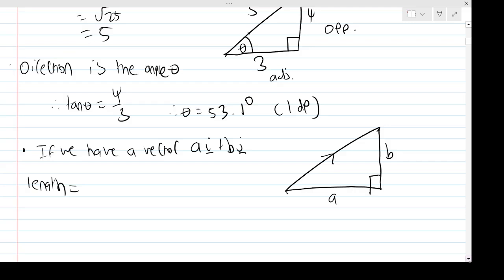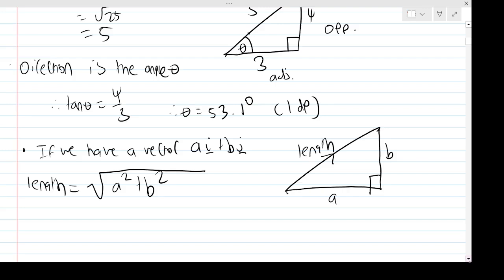So the length of the vector, which is the hypotenuse, is the square root of a squared plus b squared. That again comes from Pythagoras.